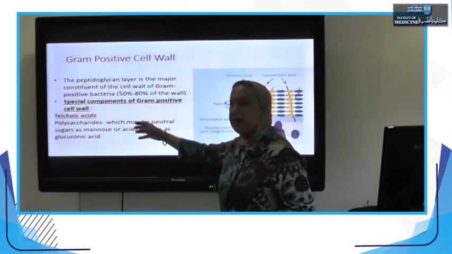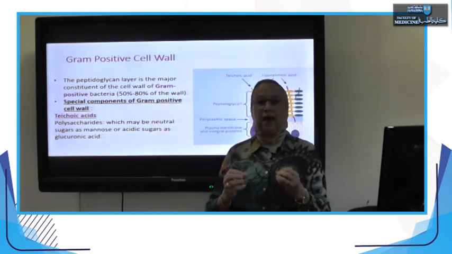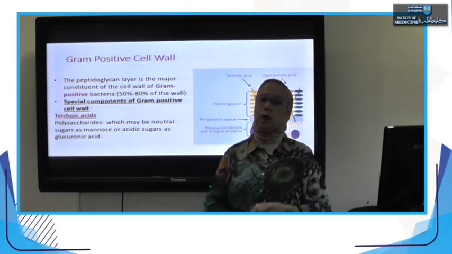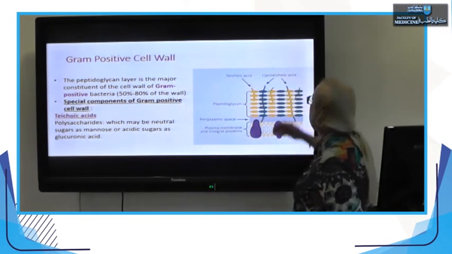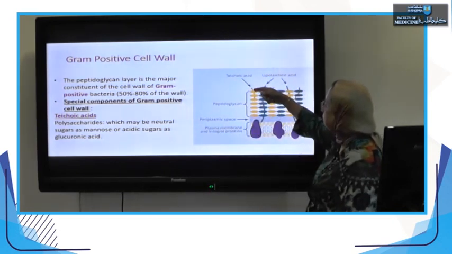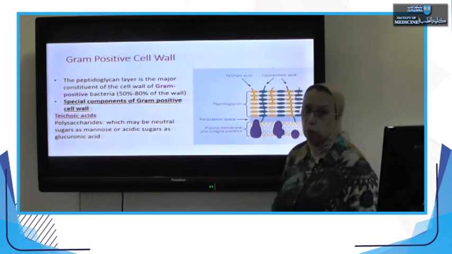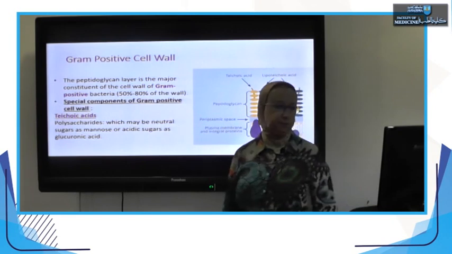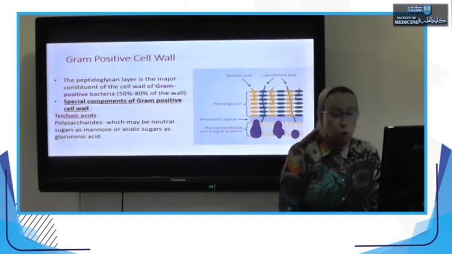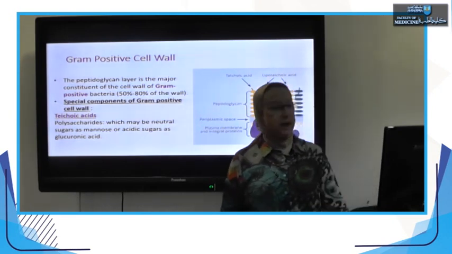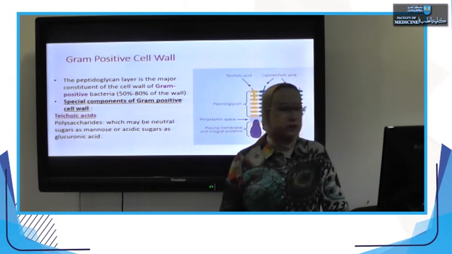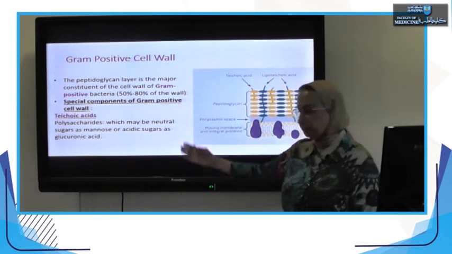The main function of the teichoic acids is the stability and anchorage of the structures in the cell wall. As you see here, this is the teichoic acid, which is fixing the structures of the cell wall. It is antigenic. And also some sugars like mannose and other acidic sugars like glucuronic acid.